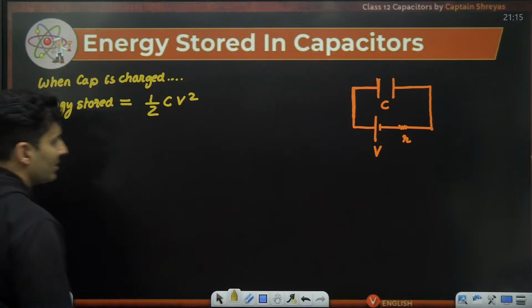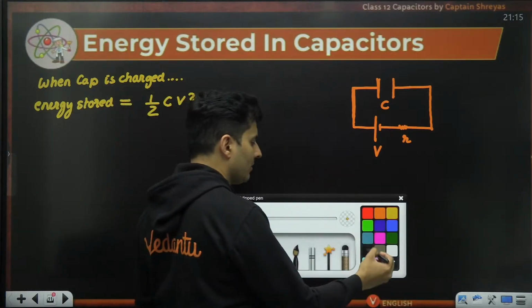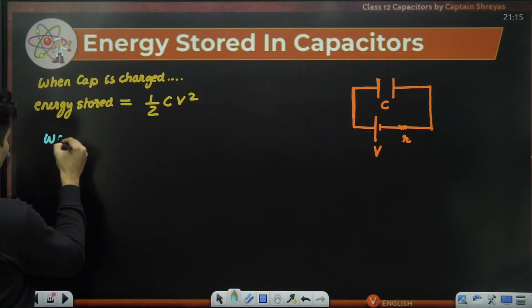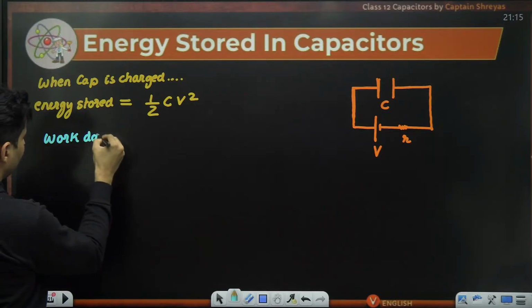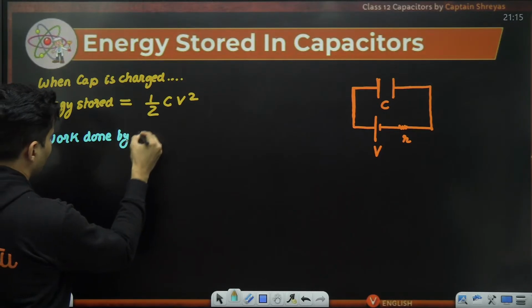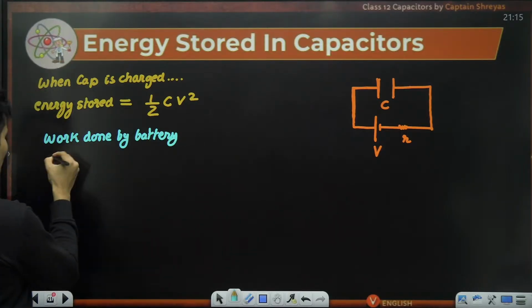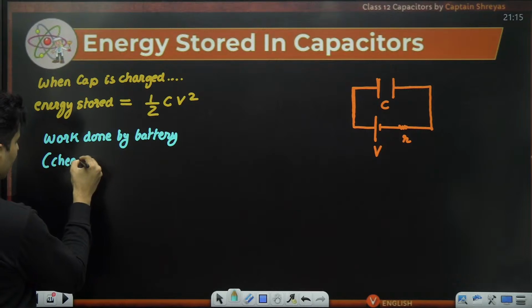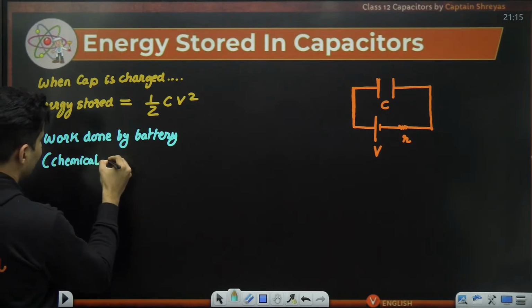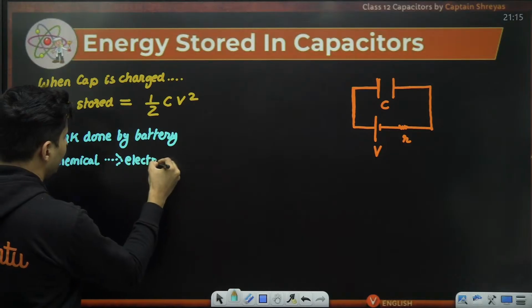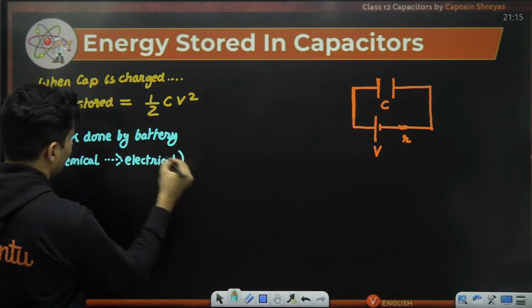That is first thing. Next important thing is, what is the work done by the battery? You might be wondering, why is battery doing work? Well, do not forget, there is chemical energy which is stored in the battery, which is converted into electrical energy while supplying the charge.